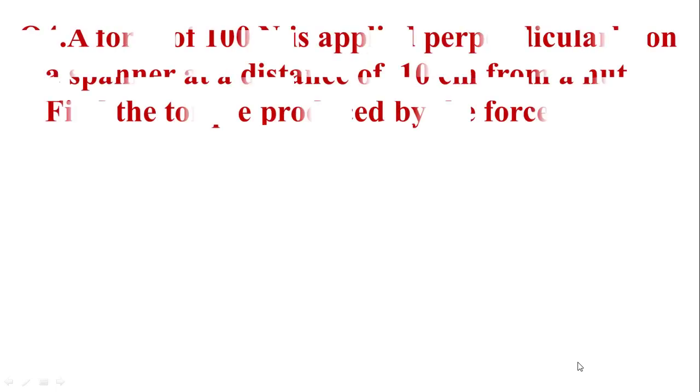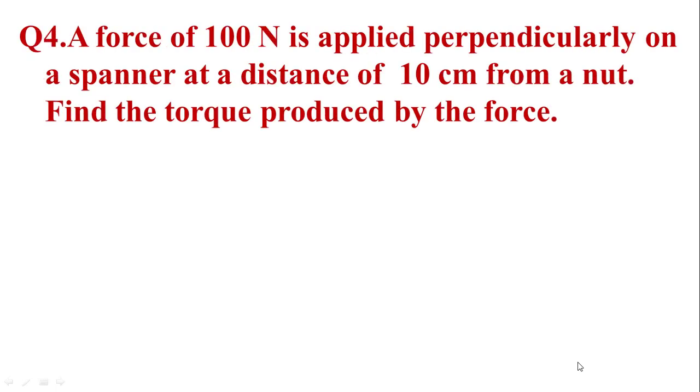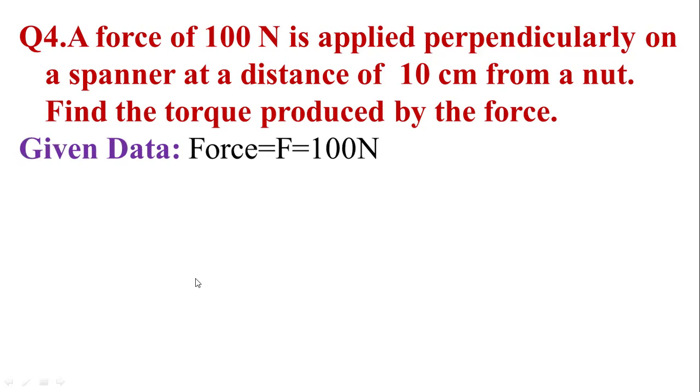In question number 4, a force F of 100 Newton is applied perpendicular on the spanner at a distance of 10 centimeter from a nut. Find the torque produced by the force. Now, force and distance are given, so we can find the torque. First of all, write the given data.